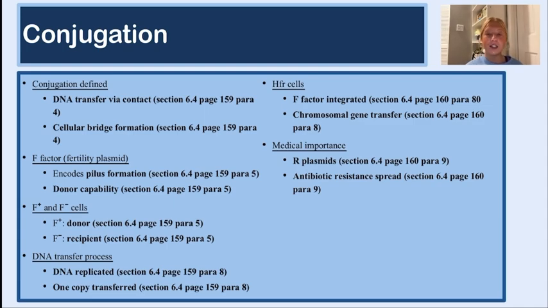Conjugation is medically significant because it enables the rapid spread of R plasmids, and these often carry resistance to multiple antibiotics or heavy metals and virulence factors, and these will dramatically increase the pathogenic potential of bacterial populations.